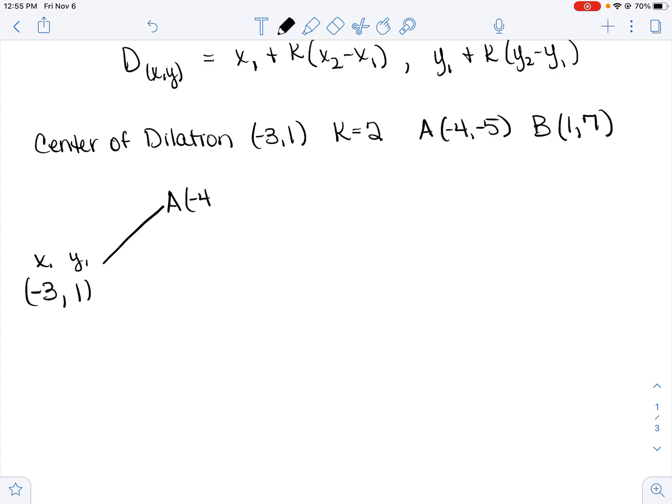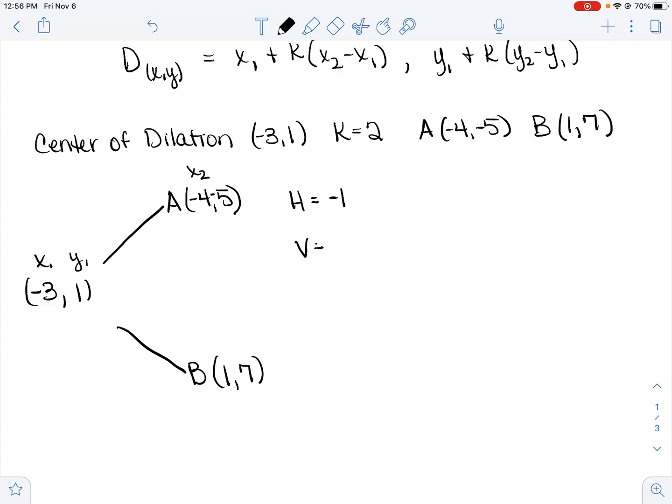I am finding my horizontal distance and my vertical distance, but first let me write down my coordinate of each. Okay, so in order to find the horizontal, that is going to be taking my x2 minus x1, so -4 minus a -3 gives me -1. So remember, -4 minus a -3 gives me -1.